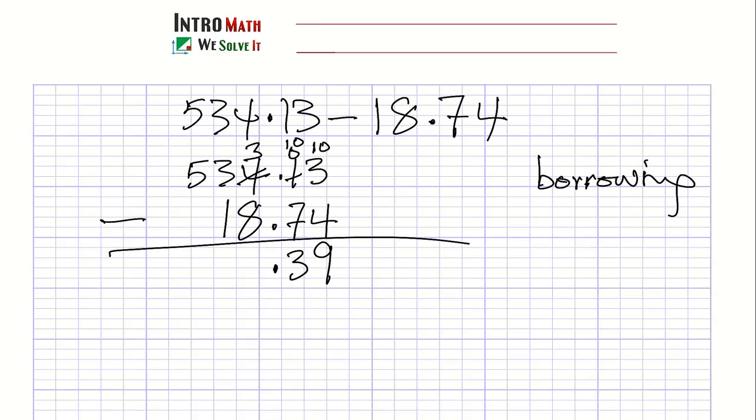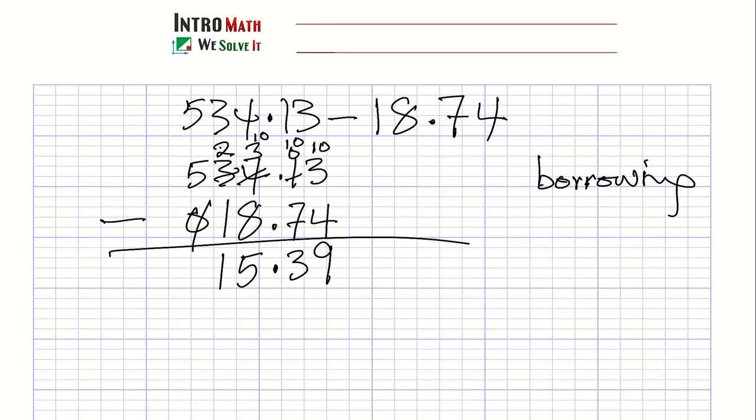8 subtract from 3, it won't go. You borrow again from 3, cross it out and write 2. You put 10 here, that's 13. 13 minus 8 is 5. You see how things work out? Very simple. Like you do whole numbers. There's 2 left there. 2 minus 1 is 1. And then you bring that 0 down, you bring 5 down.